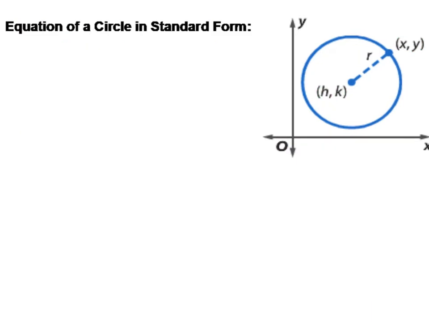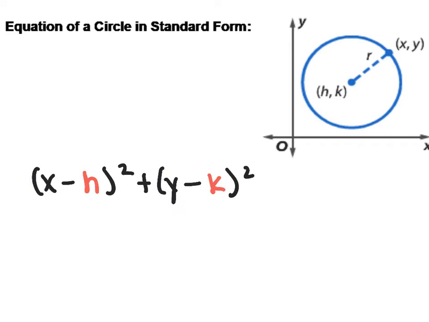Again, to review, the standard form of the equation of a circle is x minus h squared plus y minus k squared equals the radius squared.